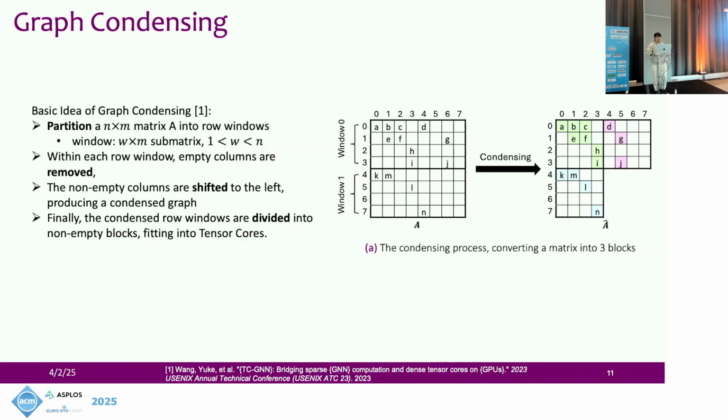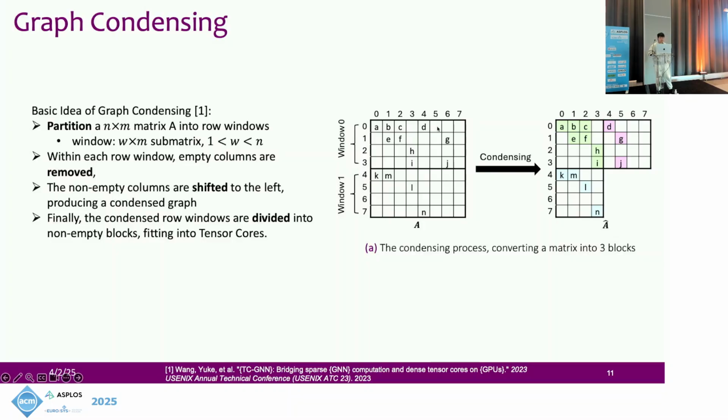These examples show the basic idea of graph condensing. You first partition matrix A into row windows. Row windows are just smaller rectangular matrices, and within each row window, empty columns are removed.